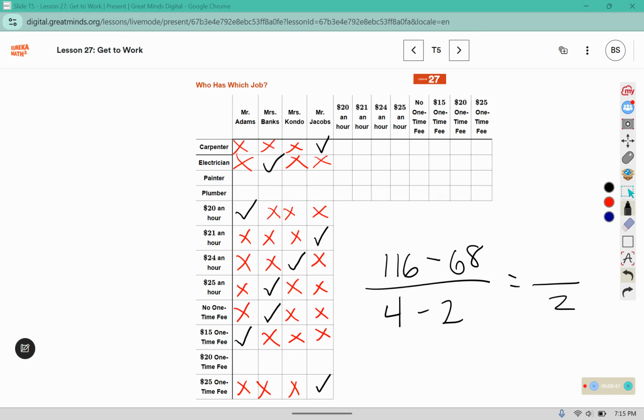If we subtract, we get 48 over 2, which is a rate of 24. So the plumber has to charge a rate of 24. Well, that was Mrs. Kondo, so she is the plumber.